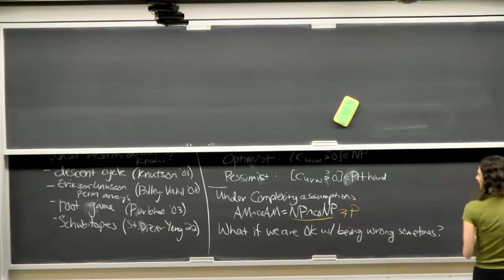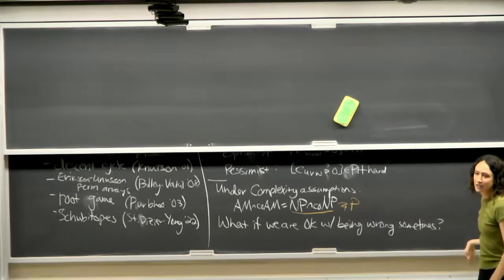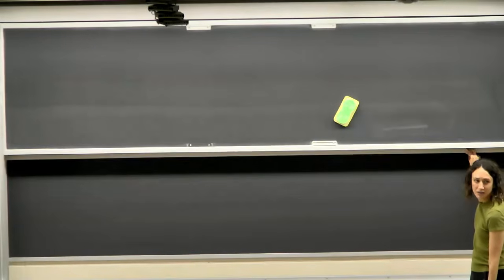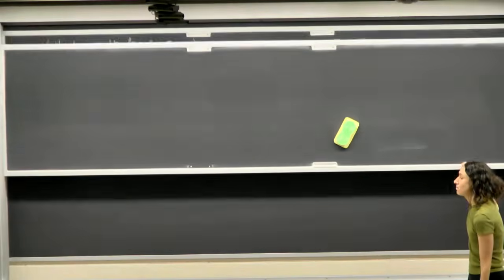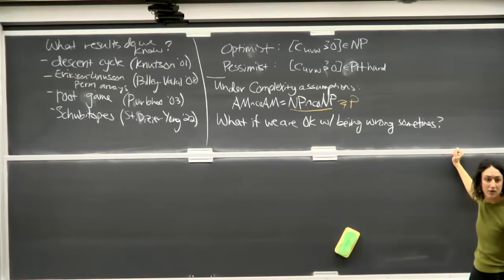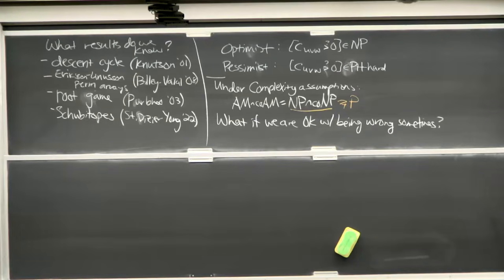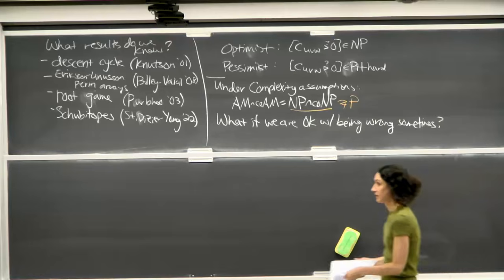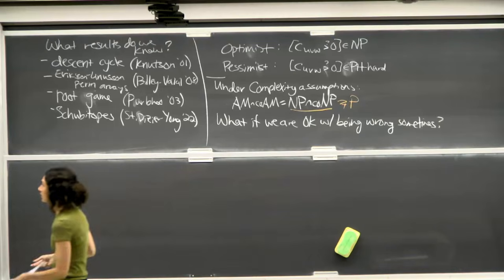Not that we like proving things that are going to work all the time, but what if we're okay with our algorithm being correct just most of the time? And what progress can we make with that extra flexibility?